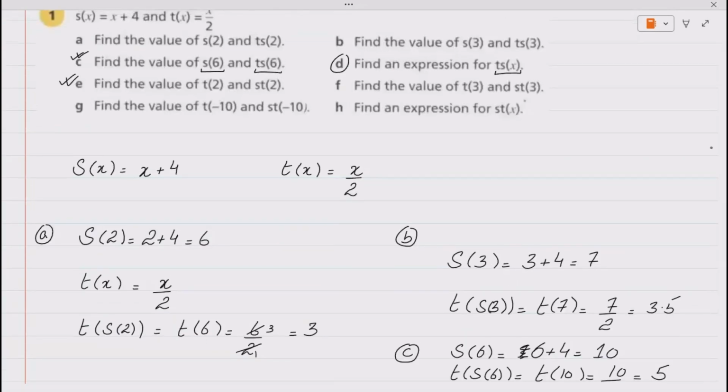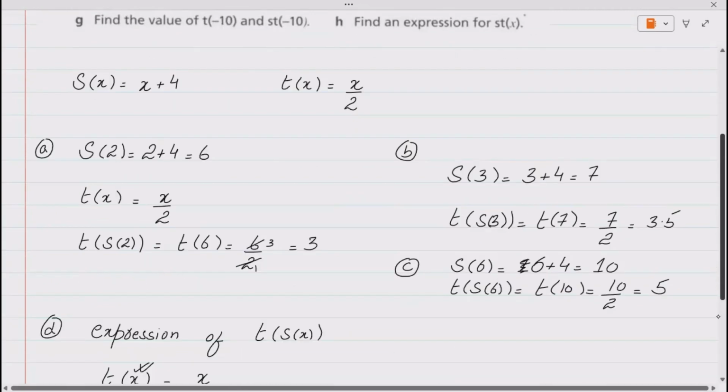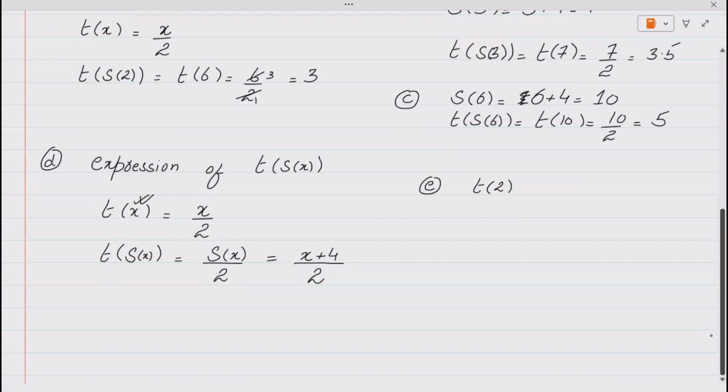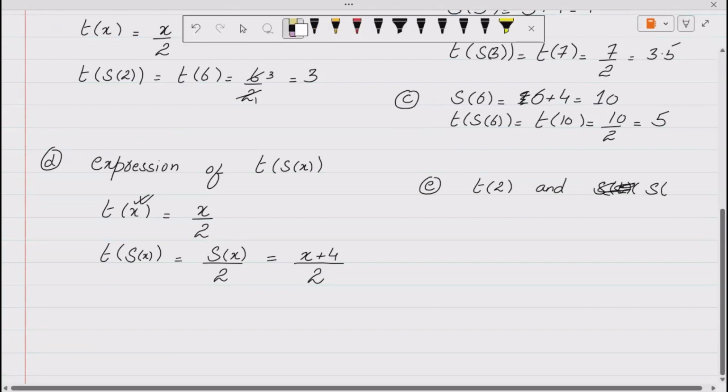Now in part E, we have to find the value of T2, and then S of T2. Basically we have to do the reverse thing. What is T2 first?